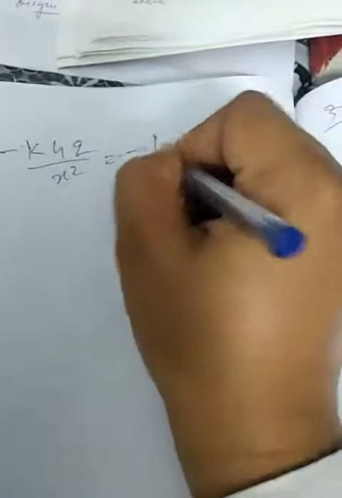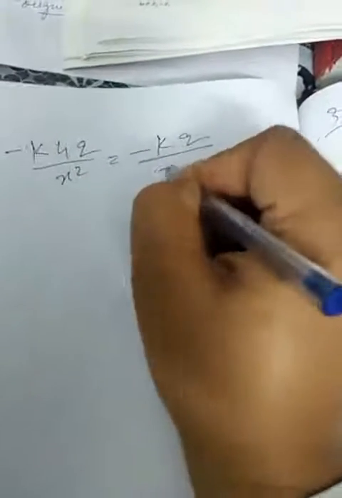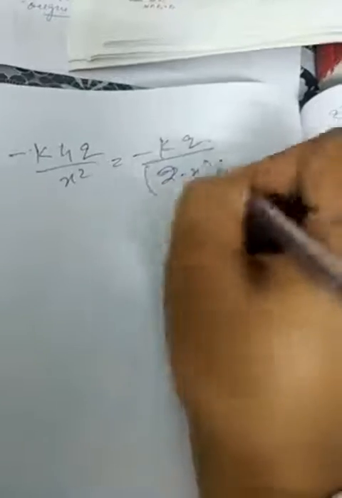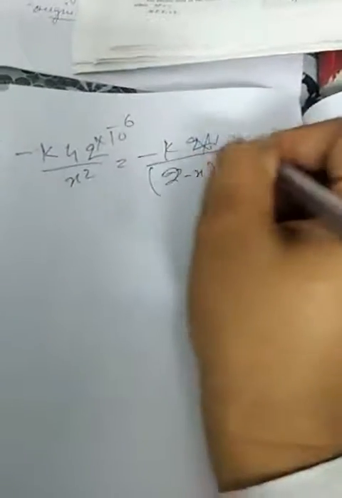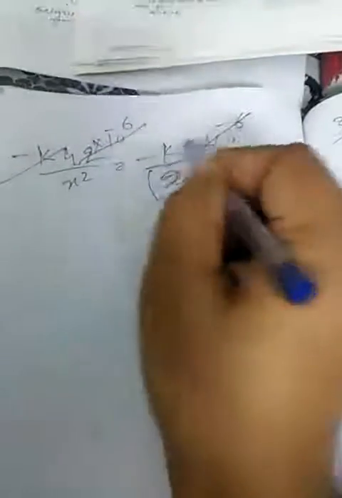Now we compare them because equal and opposite forces are acting. So we get minus 4kQ upon x square is equal to minus kQ upon 2 minus x whole square. The 10 raised to minus 6 will cancel each other, and minus k will be cancelled.